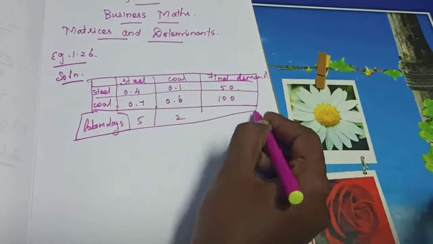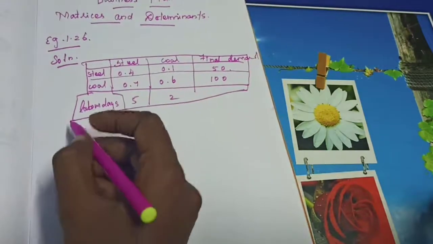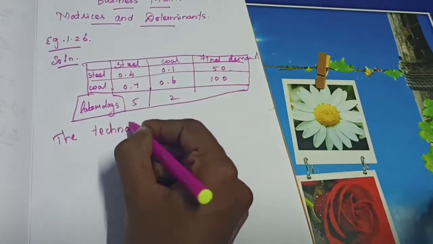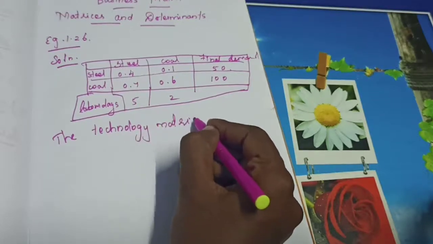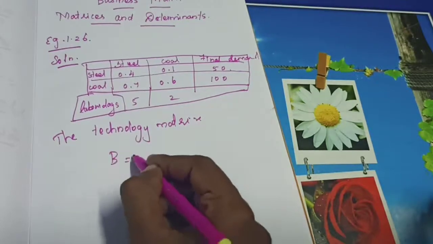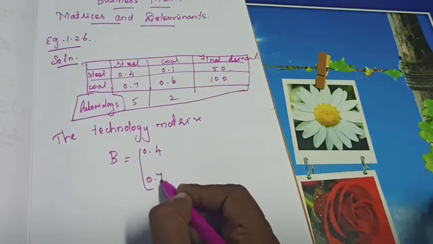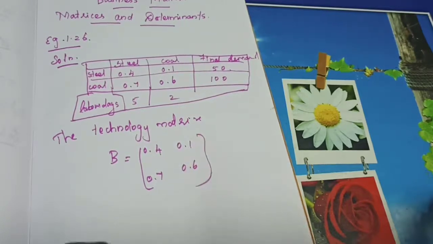Okay students, this is the table. Now you got the technology matrix. So what is the technology matrix? The technology matrix B is equal to 0.4, 0.7, 0.1, 0.6.